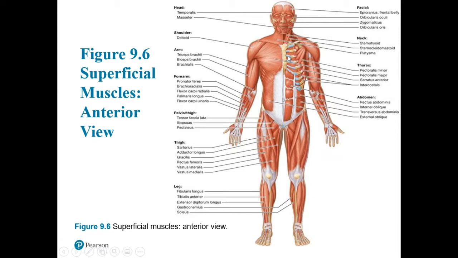Pectoralis major originates on the sternum, on the clavicle, and it inserts onto the proximal end of the humerus to again move the arm. Serratus anterior, these muscles are located superior but lateral on the rib cage. And then we have the intercostal muscles.